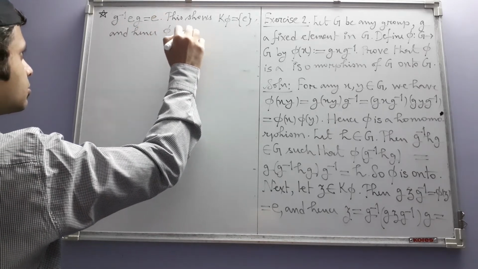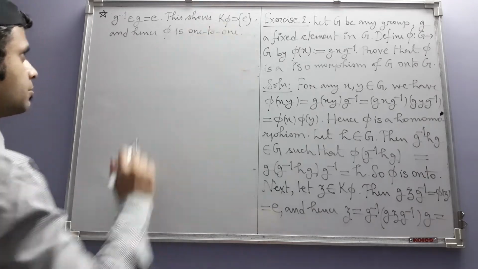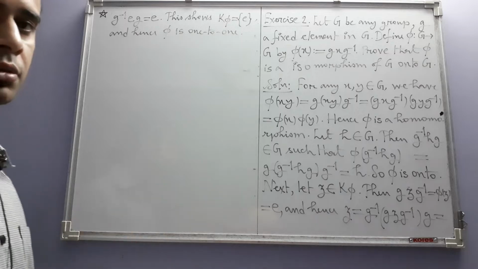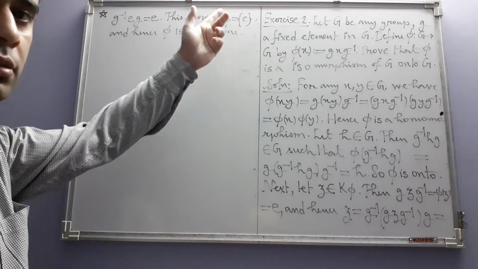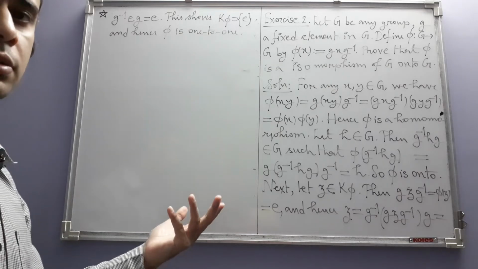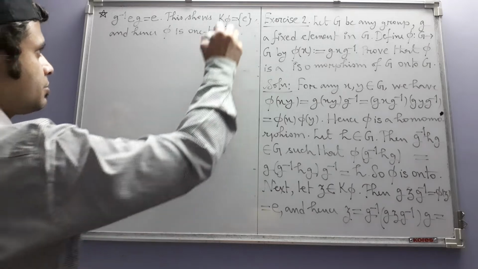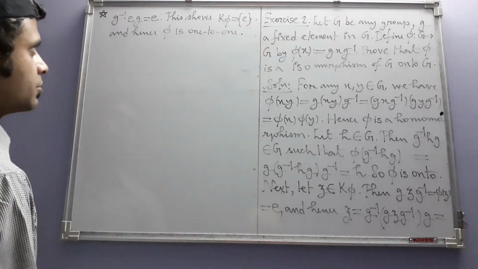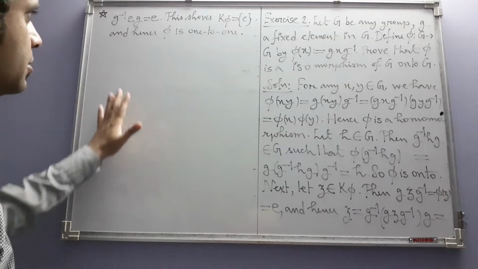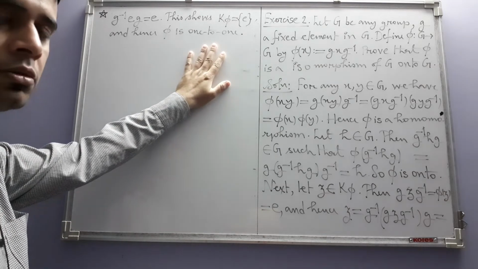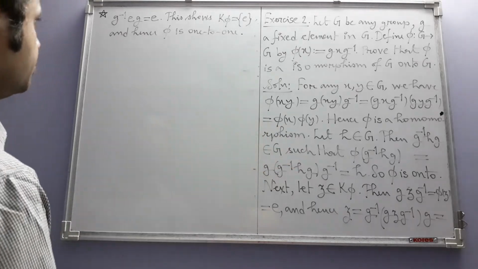And hence phi is 1 to 1. When the kernel becomes the trivial group, then phi is 1 to 1. Trivial group means this one, not the other one. Okay, that is also I think called trivial. G itself is a subgroup of G. Okay, so this trivial subgroup. So that means since phi is a 1 to 1 homomorphism, it's an isomorphism, and phi is onto.